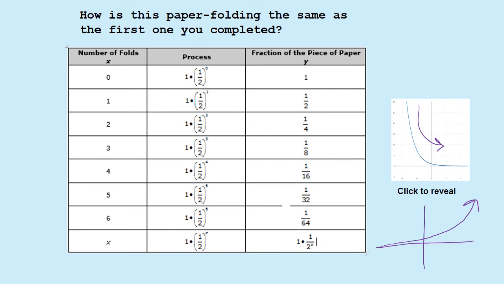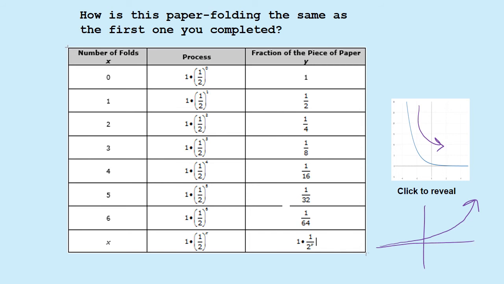Now, question, will it ever reach 0? Let's talk about that for a moment. It's not going to reach 0 because if I keep folding 1/64th in half, it's going to be 1/128th. I fold that in half, it's 1/256th.